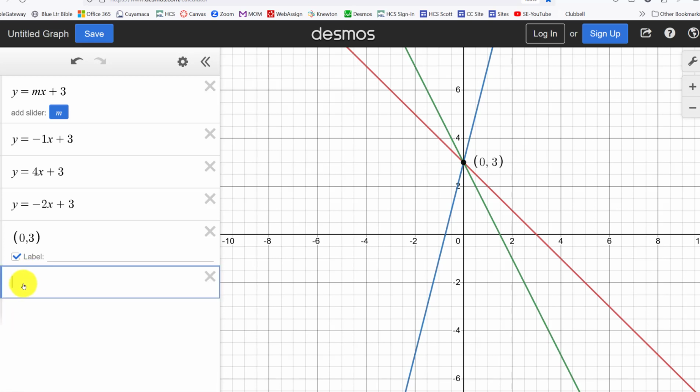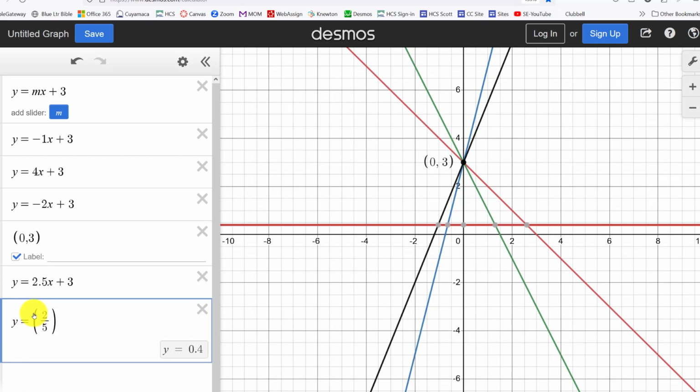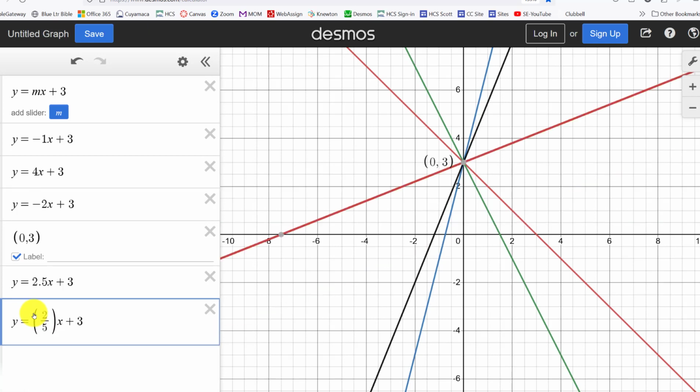So if we keep putting out more equations, and if we were in class, I'd ask people to shout out numbers. Give me a number. Let's say 2.5. y equals 2.5x plus 3. Notice it goes through the same point, but it has a different slope. Let's say a fraction, since we didn't use any fractions: 2/5 times x plus 3.